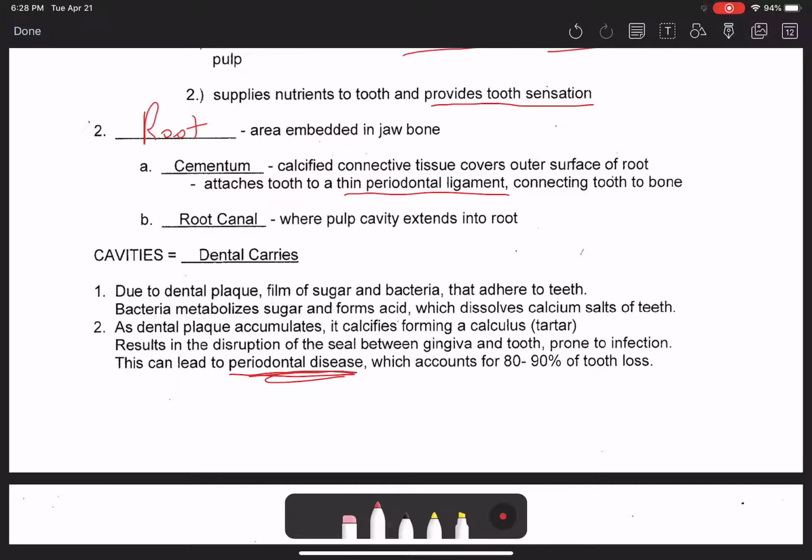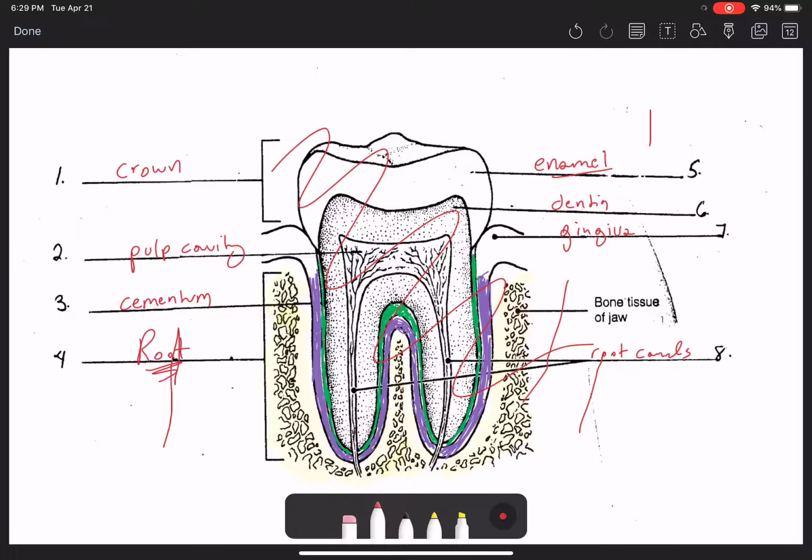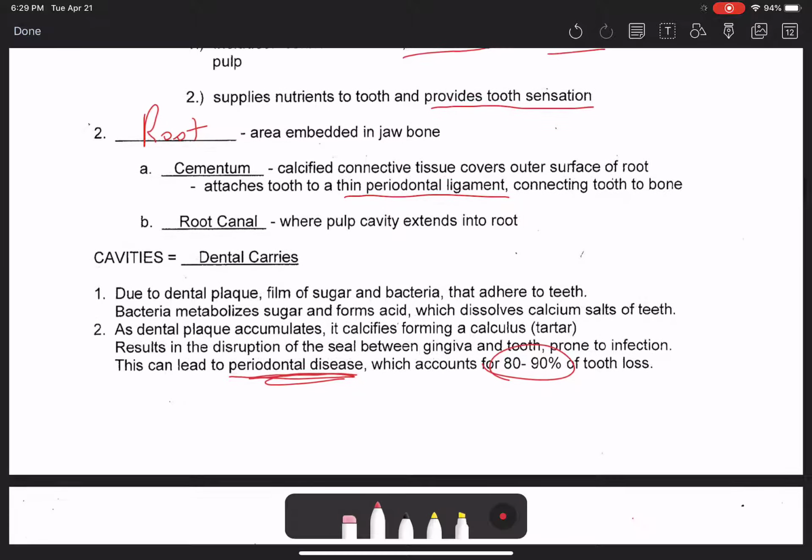And periodontal disease is accountable for about 80 to 90% of tooth loss. Again, that's why we see the dental hygienist every 6 months. That's why it's very important to prevent that underlying periodontal disease from developing, because once it develops, there's really not much you can do as far as preserving that tooth. I mean, there are alternatives, but they are very, very expensive and uncomfortable.